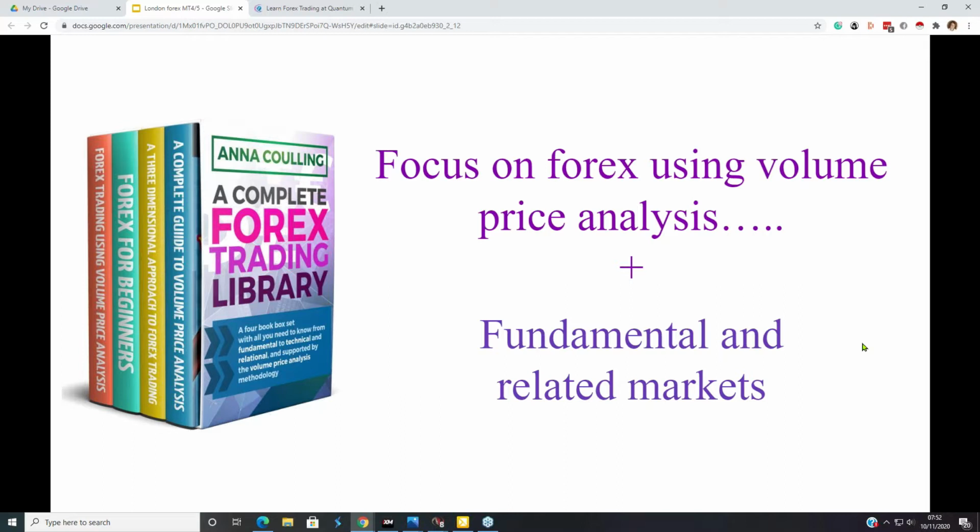When we refer to the indices, our reference points are the three E-mini futures for the Dow Jones, the S&P 500, and the NASDAQ, and they are the futures version, if you like, of these cash markets.